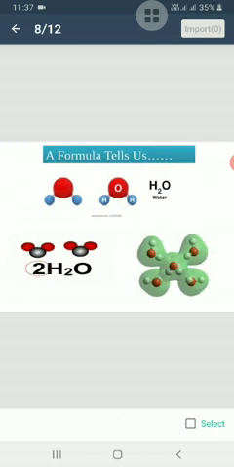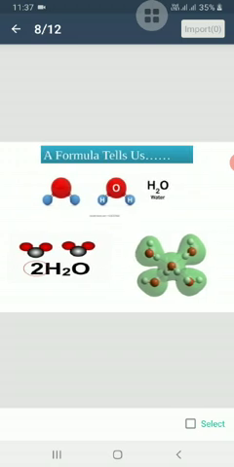A formula tells us, like water is made up of two elements, as we have discussed earlier, hydrogen and oxygen. So the formula of a compound tells us the types of elements present in a compound, meaning how many types of elements are present.